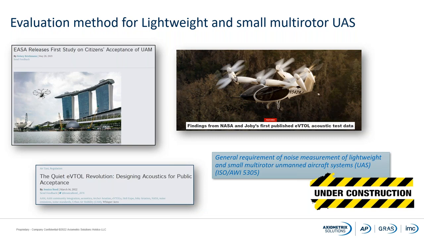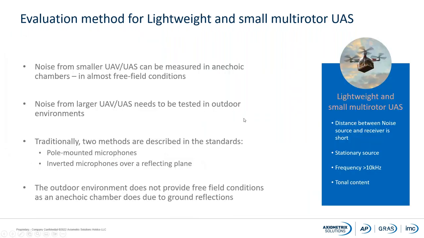So of course, we have seen that the way that we were doing the testing for jet airplanes and for propeller-driven aircrafts is not really going to work out, because as you can see here, this is the characteristics of the noise. The distance is short. It is a stationary source, which means that we can't really use this 1.2 meter because of the reflections.